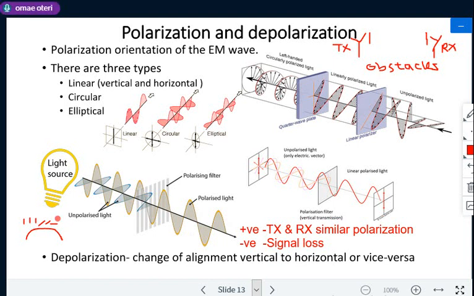Anyone who has experienced that, when traveling, sometimes you lose the signal, and yet the antenna is there.